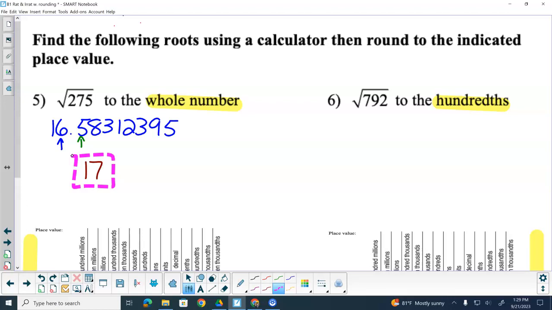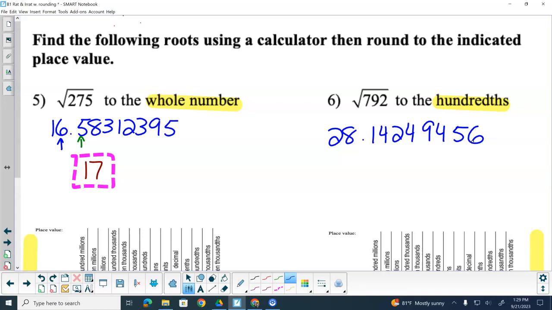Okay. Square root of 792. On my calculator, I get 28.142494556. Our place value is hundredths.